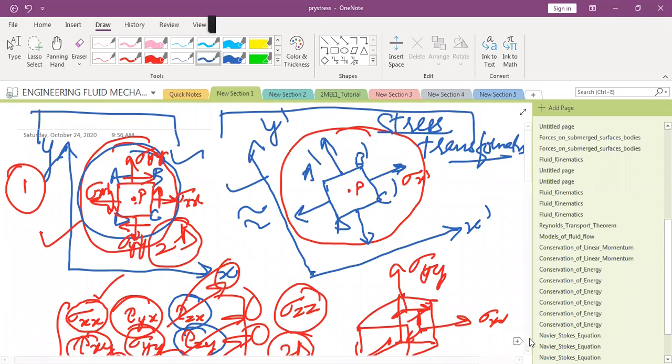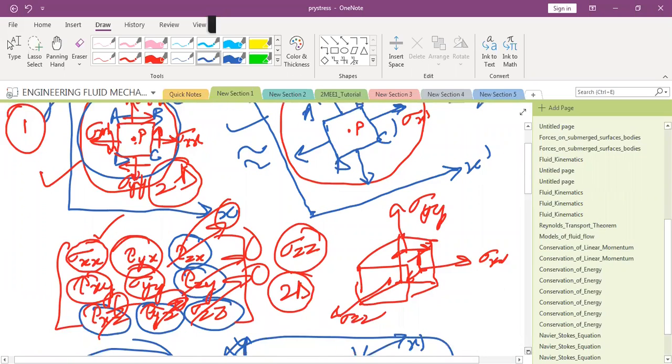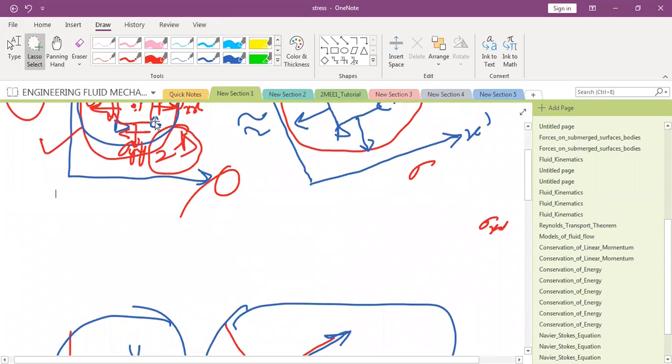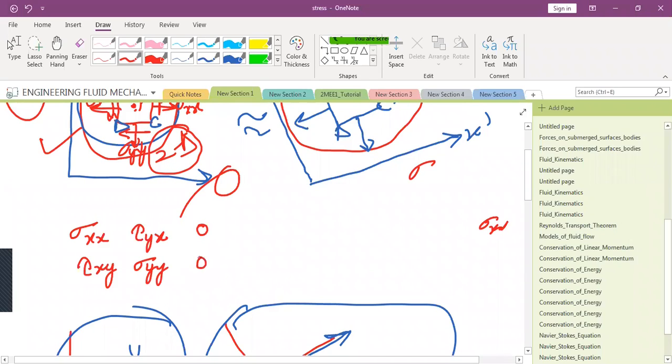I need a stress tensor matrix, and that stress tensor matrix will come out the same in both cases. How it will be the same, I am telling you. So in this case, what is this? Sigma xx, what should I write down here? Tau yx, what else here? 0, tau xy, sigma yy, here it is tau yz, so sorry, tau zy, it is 0. Here it is tau xz, so this is 0.